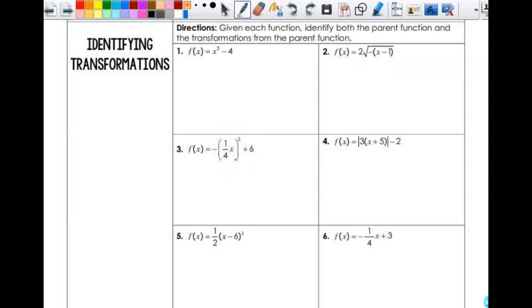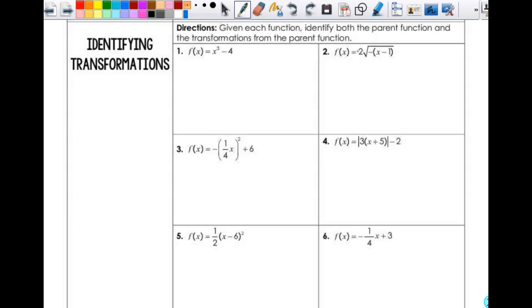If it's outside of that, so like we take the absolute value, then we do something. So I do this, it gives me a new y value, then this affects that y value even more. This is outside of the square root. Even though it comes literally first in the order, this happens after we take the square root. You agree with that? So if it happens after whatever the operation is, it affects y. Before the operation, it affects x. After the operation, it affects y, no matter where it is in the equation. Okay, we good with that?